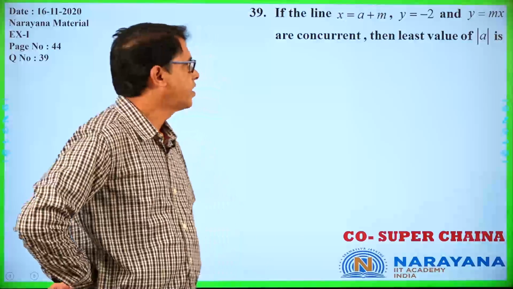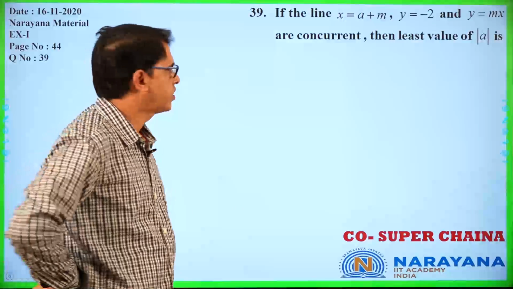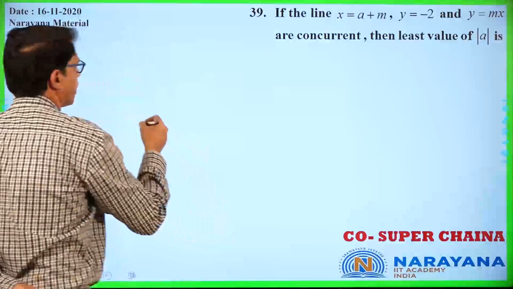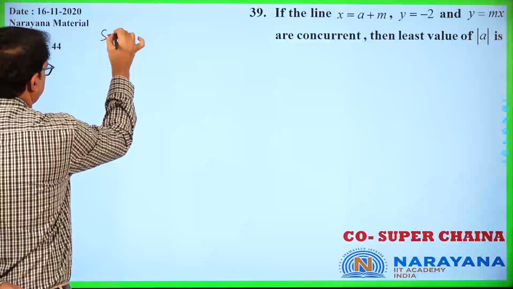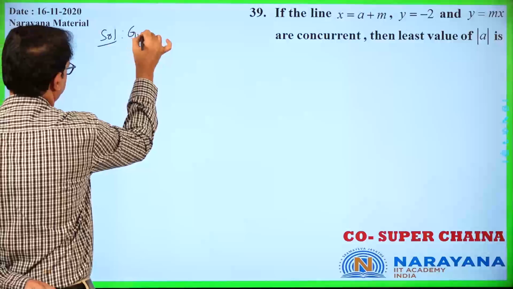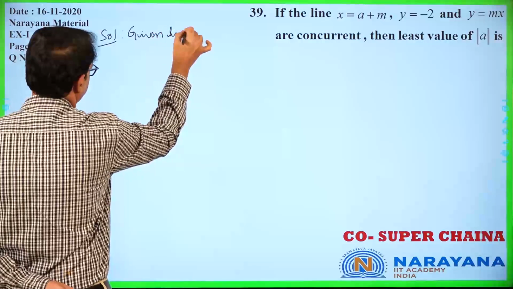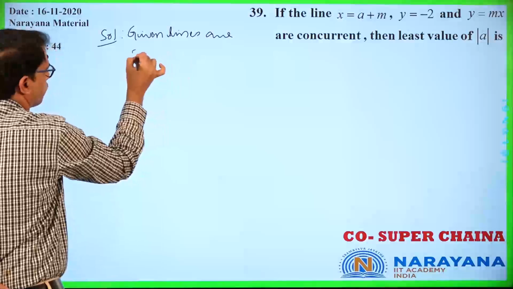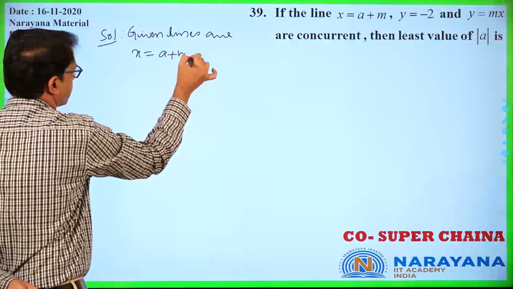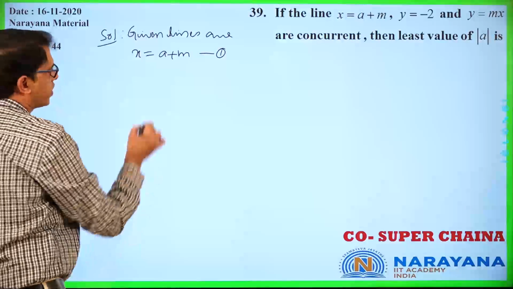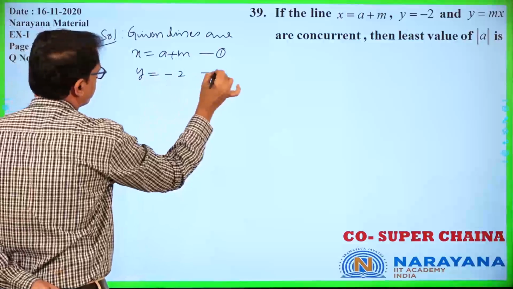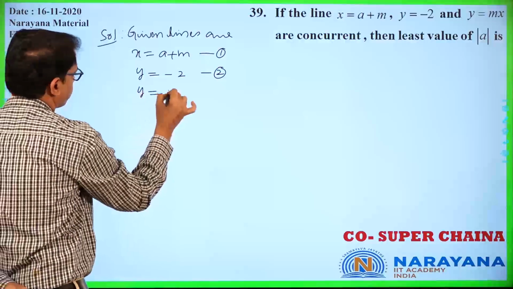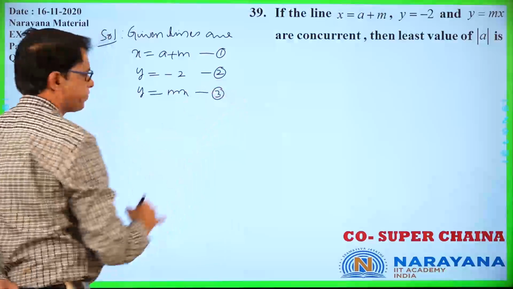See, just now I said if 3 lines are concurrent, say the given lines are: first one x = a + m, equation 1. Second one y = minus 2, equation 2. Third one y = mx.